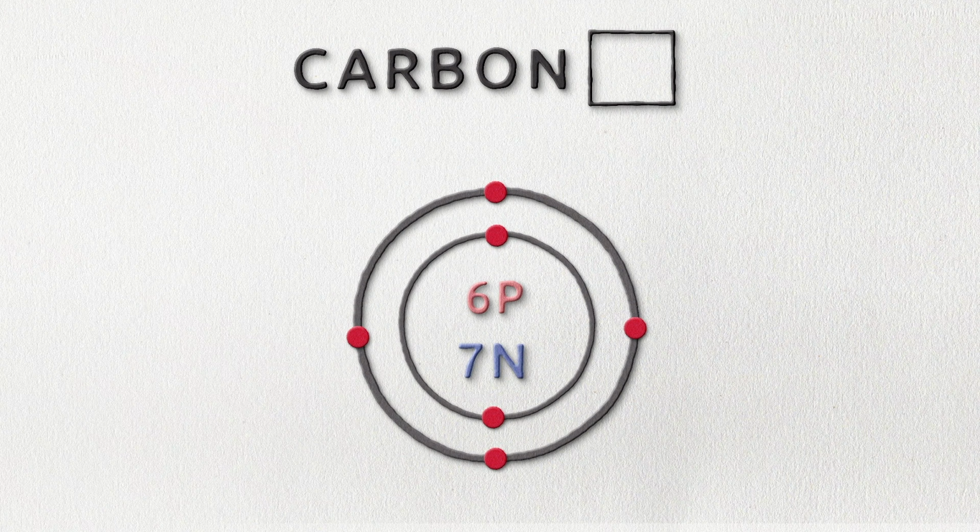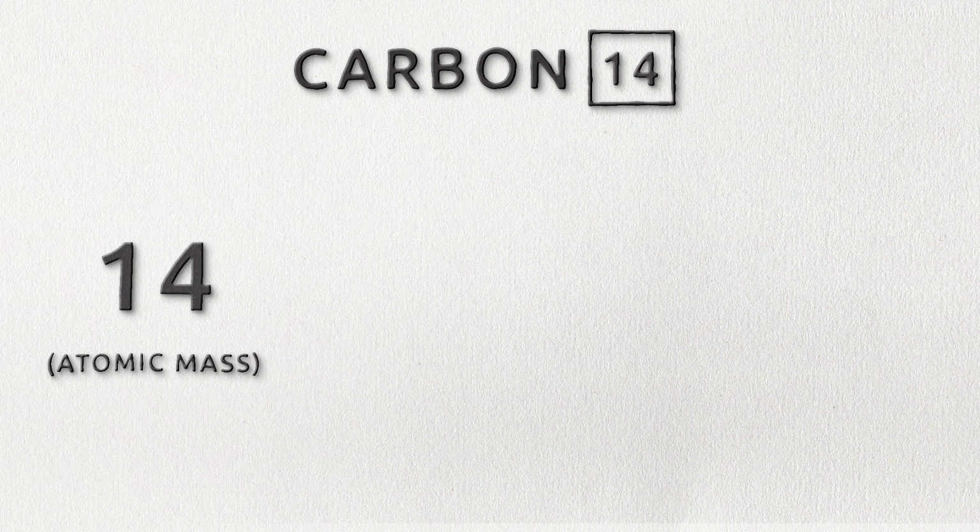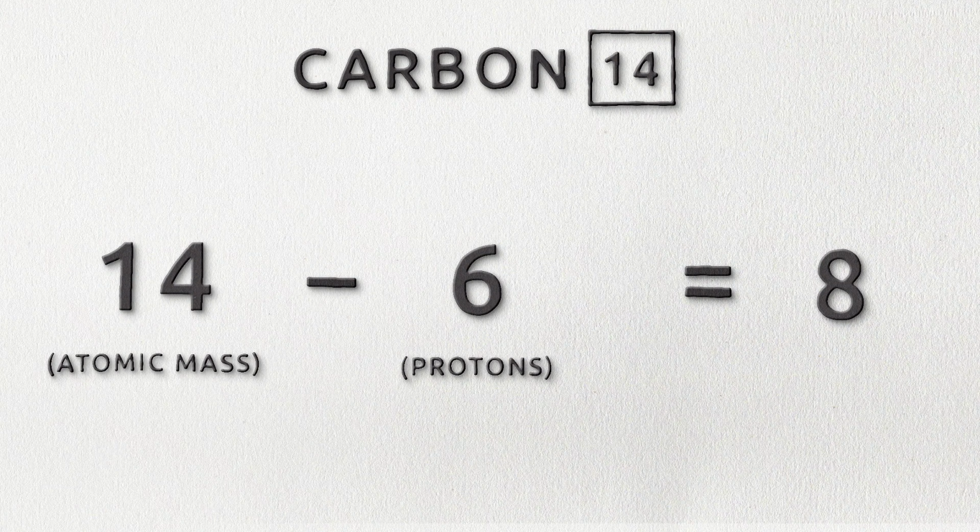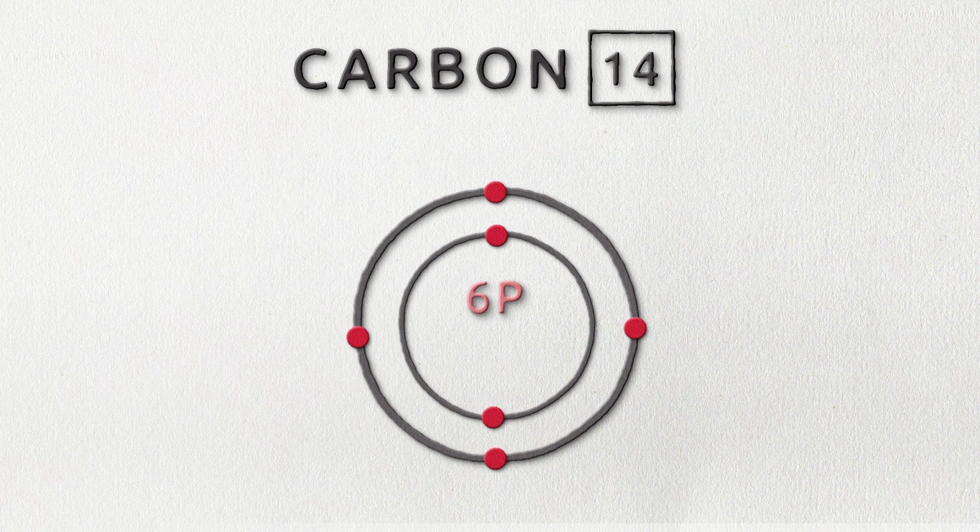If carbon-13 has 7 neutrons, then how many neutrons does carbon-14 have? Well, again, quick math. 14 minus the 6 protons that we have in the nucleus will equal 8 neutrons. So the nucleus of one atom of carbon-14 contains 8 neutrons.